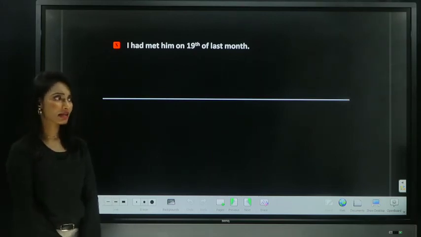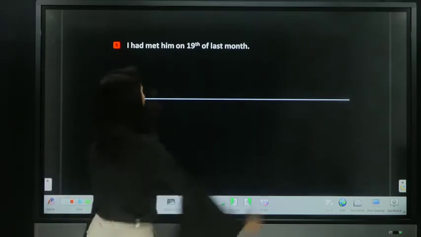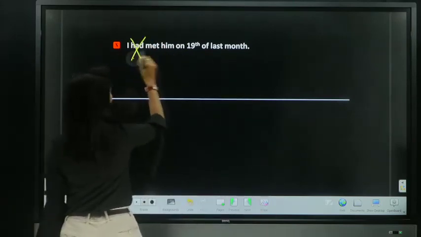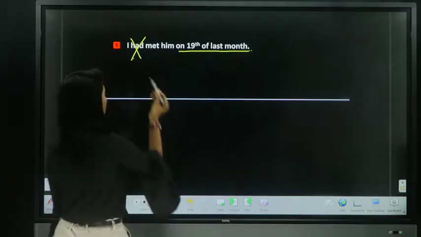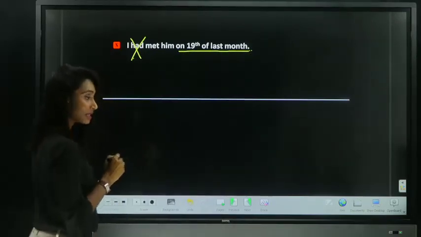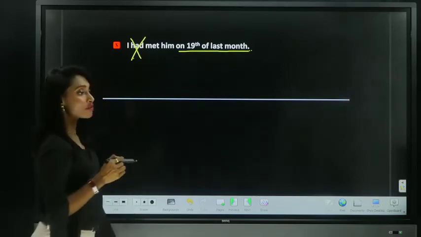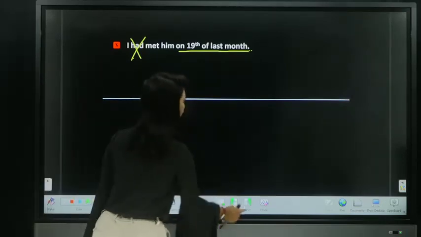Time indicator. Yes, Swapna, you're right. So drop had because this is a time indicator for simple past. Yes, Angela, you're right. I met him on 19th of last month.